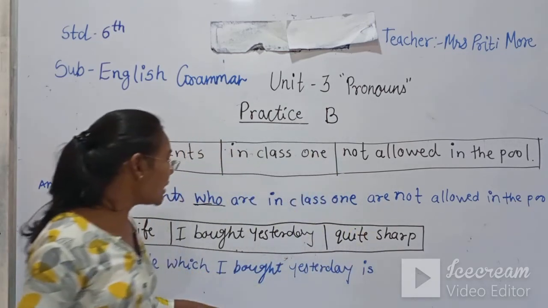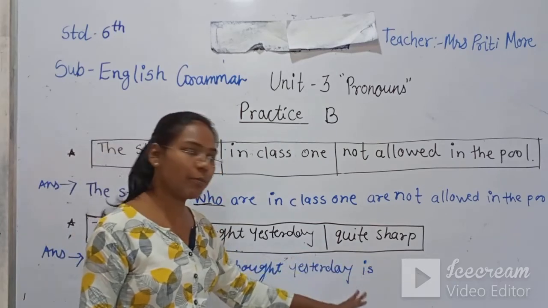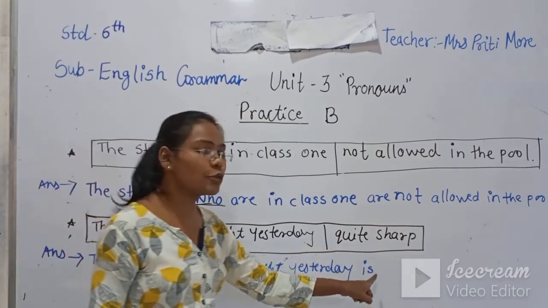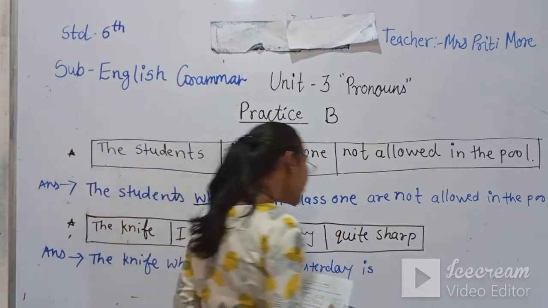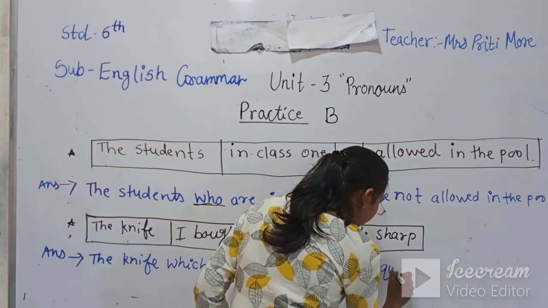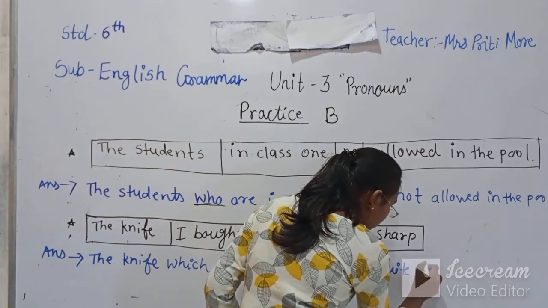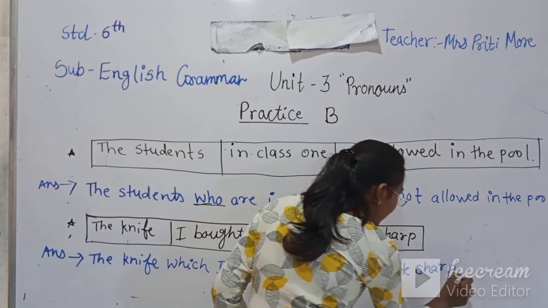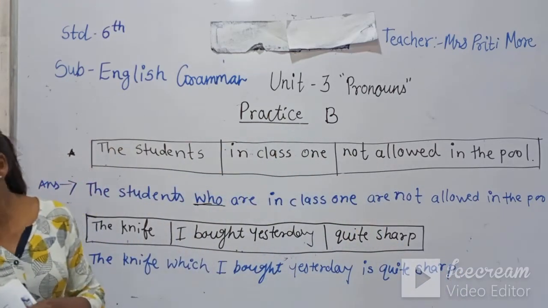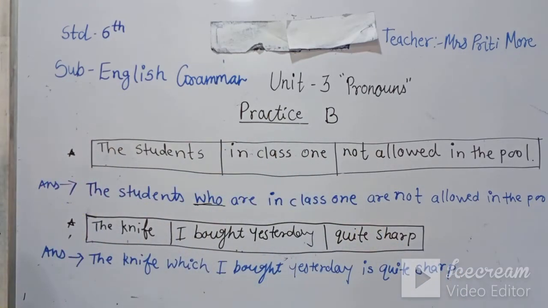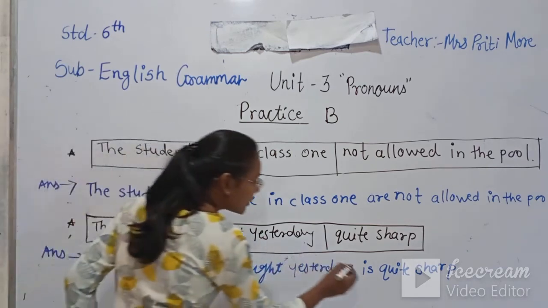We cannot write directly yesterday quite sharp. No, here we have to use the helping verb is, quite sharp. Then only our sentence will be completed. Without a helping verb, the sentence will not be complete.